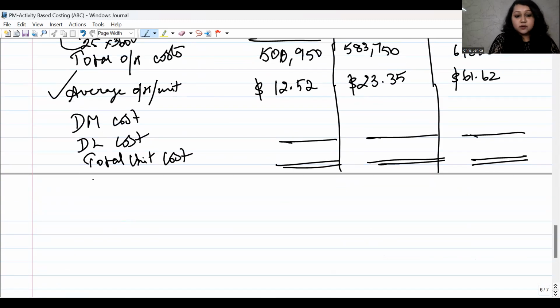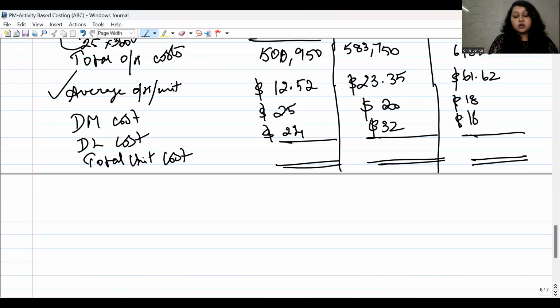So that was $25 and here it was $24. And direct material cost for product B was $20, 32 and it's going to be $16.